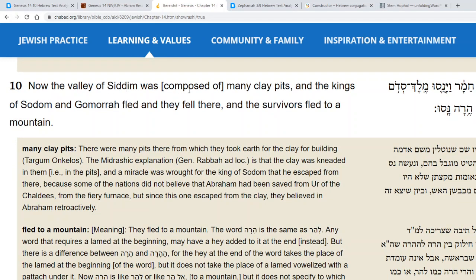Now the valley of Siddim was composed of many clay pits. So Hamar they're translating as clay. And the kings of Sodom and Amorah fled, and they fell there. And the survivors fled to a mountain.